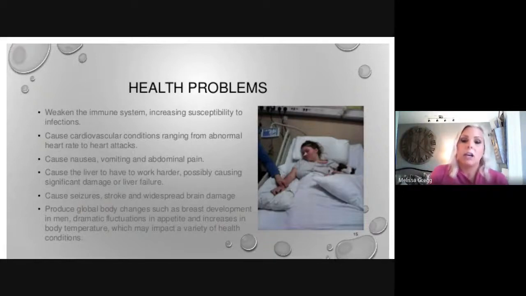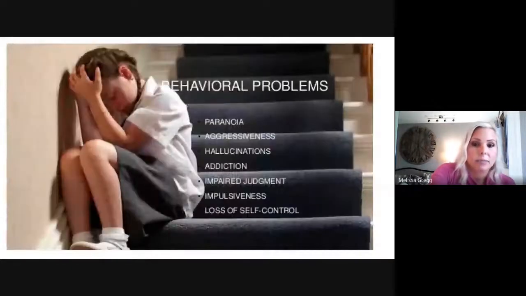That is going to be when we're talking about steroids, the different kinds of anabolic steroids. This type of breast development in males is actually something that can be permanent. Also dramatic fluctuations in appetite, increased body temperature, and all that.